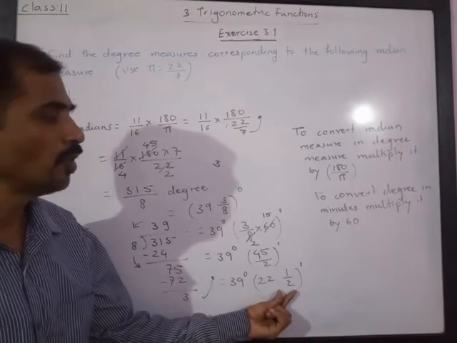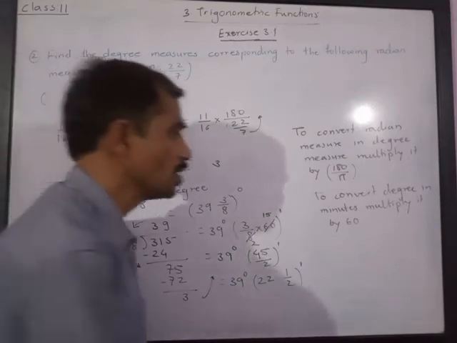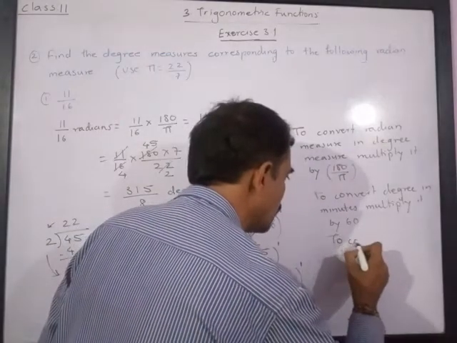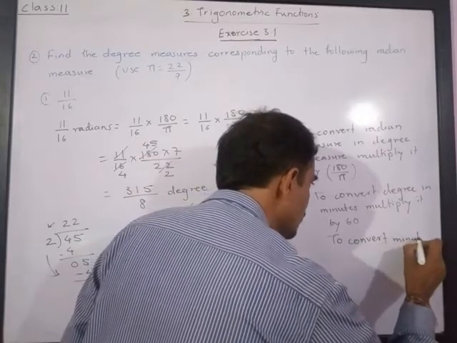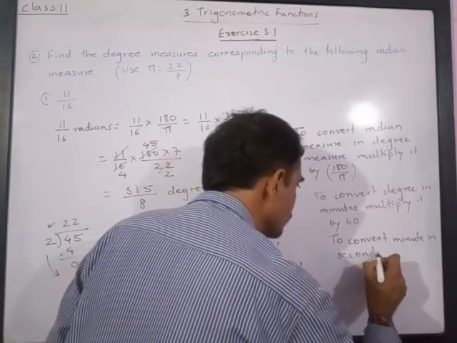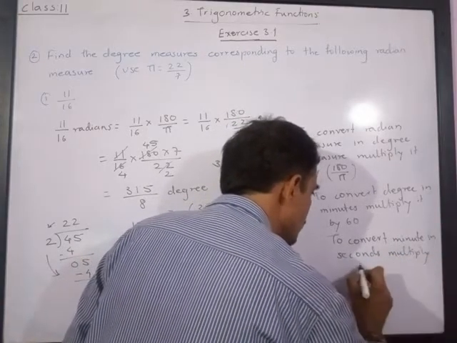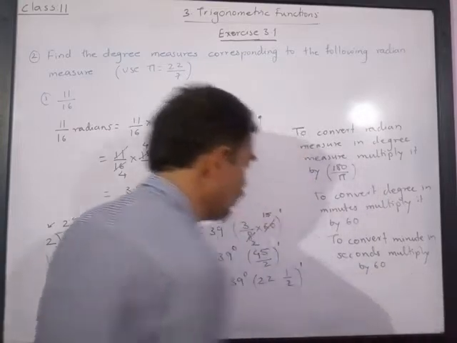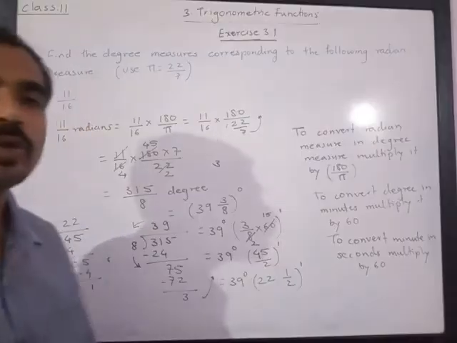So to convert minutes into seconds, we have to multiply by 60. So again the rule is to convert minutes into seconds, multiply by 60. So 22 minutes remain as it is. This fraction form we will convert it into seconds.